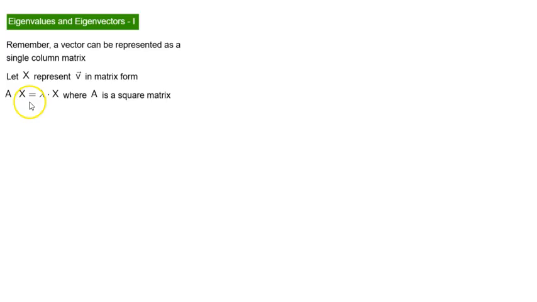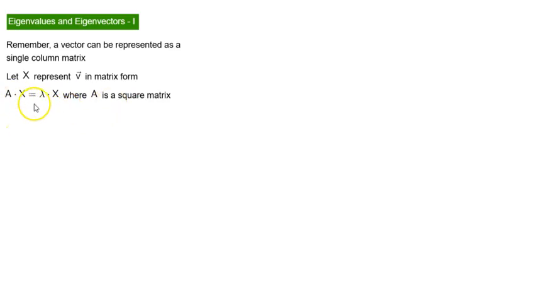Remember, a vector can be represented as a single column matrix. Let X represent the vector V in matrix form. Then A times X is equal to lambda times X, where A is a square matrix.